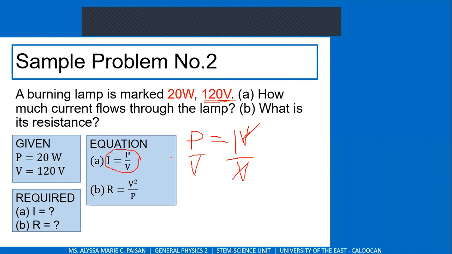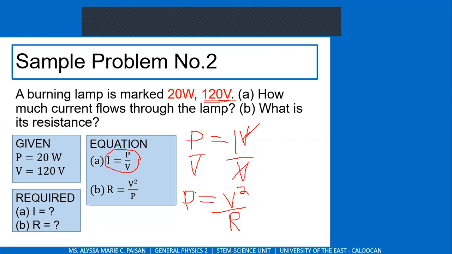Okay? And again, dun sa mga equations natin, we have to look for an equation wherein we can find the resistance, the voltage, and the power. Why? Because we're looking for the resistance and the given are the voltage and the power. So, hindi naman pwedeng gumamit ka ng current. Although, masusolve mo siya sa letter A, mas maganda kung hindi mo na kailangan kumuha from previous computation para lang masolve mo siya. So, ito yung pinaka-ideal na kukunin natin. Ito galing naman siya doon sa equation na P is equal to V squared over R. Ayan.